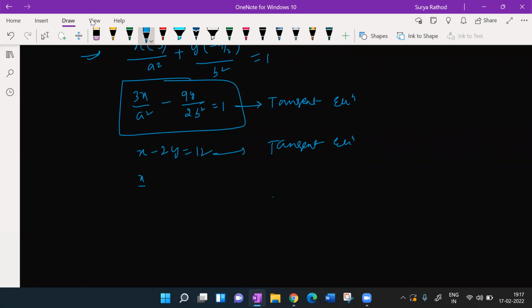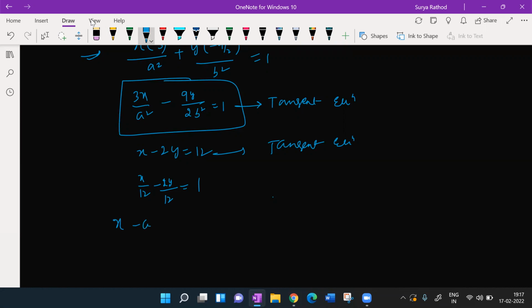Well, let us divide by 12. Then I can compare it out. Look, I can compare the x coefficient and the y coefficient. Then it will be easy for me to compare. What is the x coefficient here?